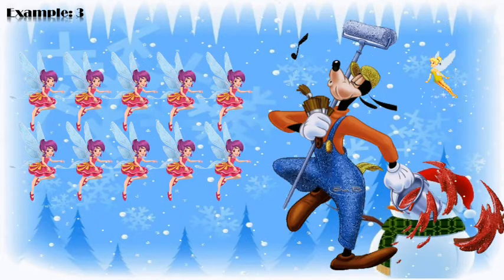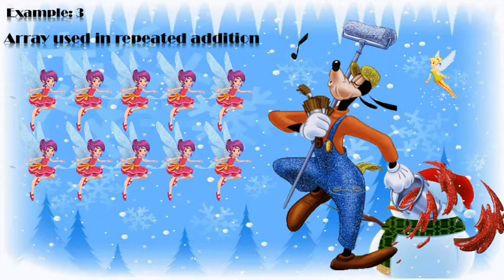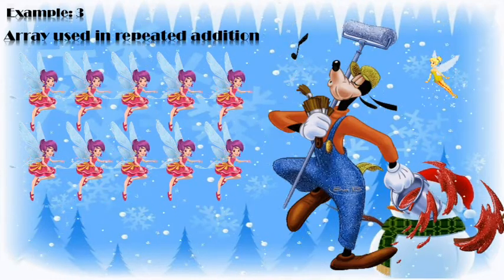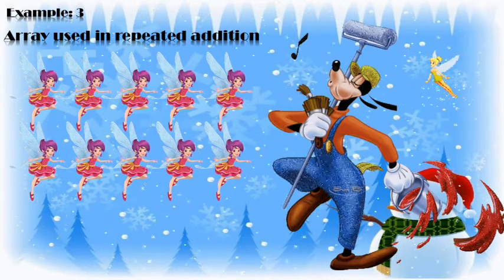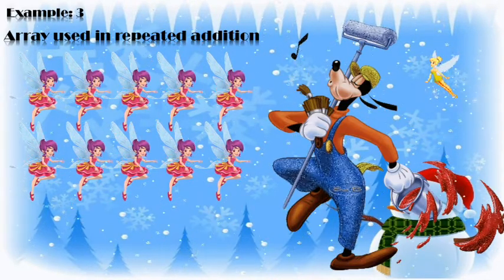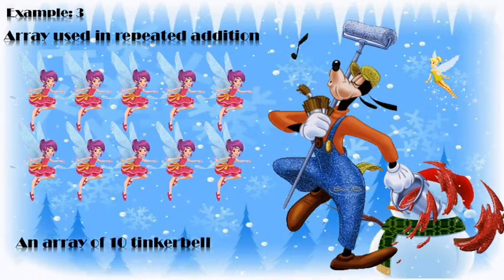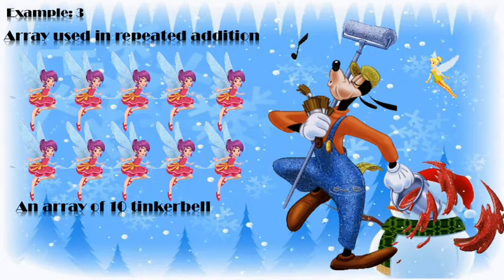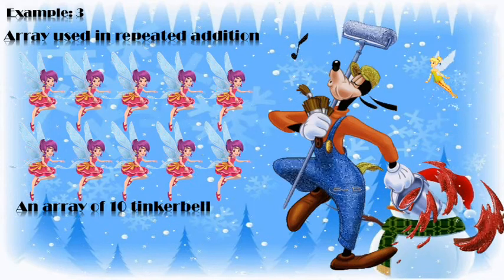Here is another example where an array is used in repeated addition. So tell me, how many tinkerbells are there in this array? Yes, there are 10 tinkerbells, or you can say an array of 10 tinkerbells. So here there are 2 rows.